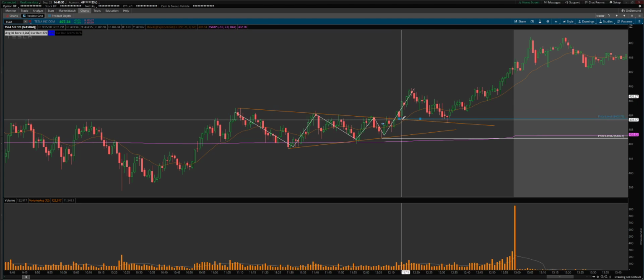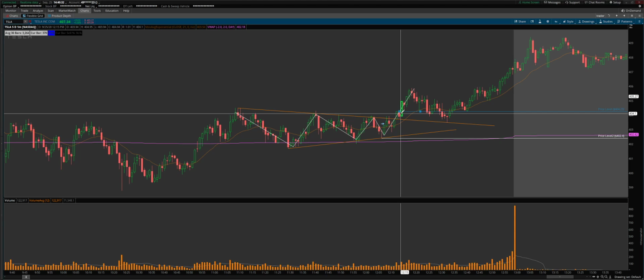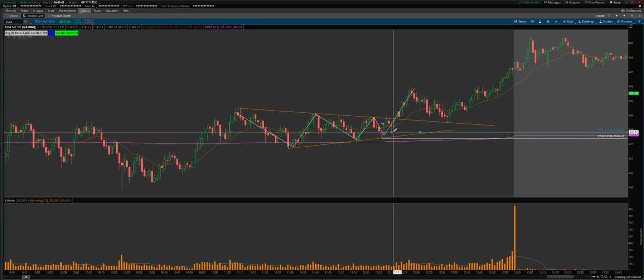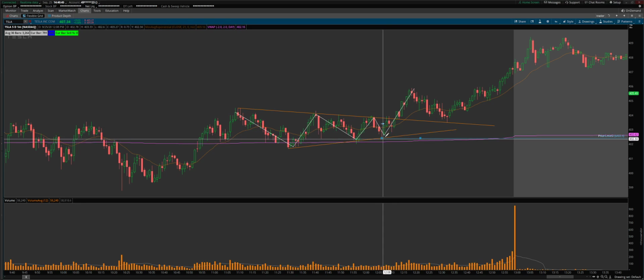You can't expect to not risk anything in order to make some gains, if that makes sense. So if you would have entered here, your stop would have had to be down here, or even the proper stop would have still been at the previous pivot low.